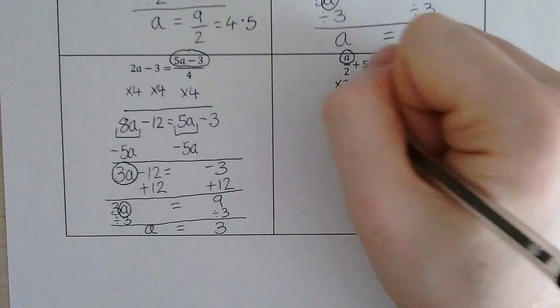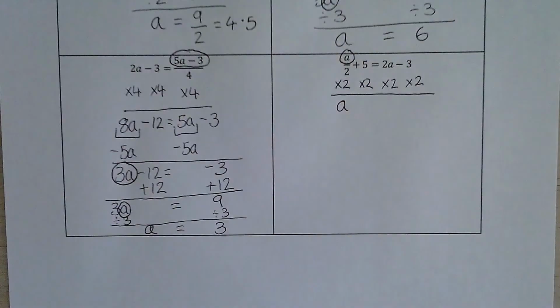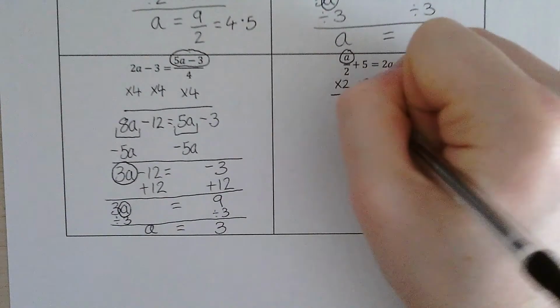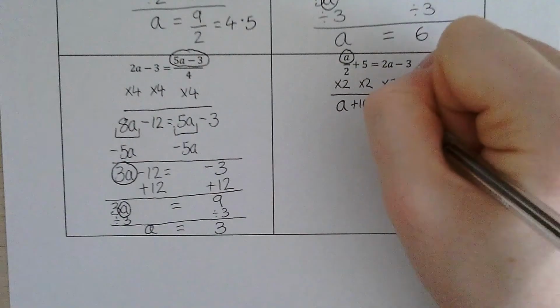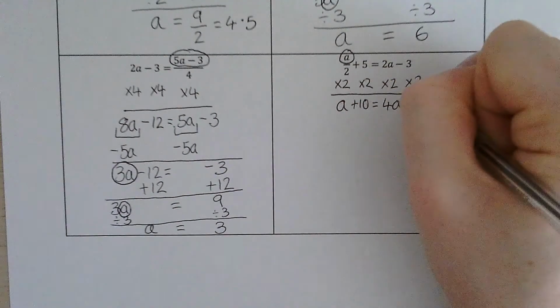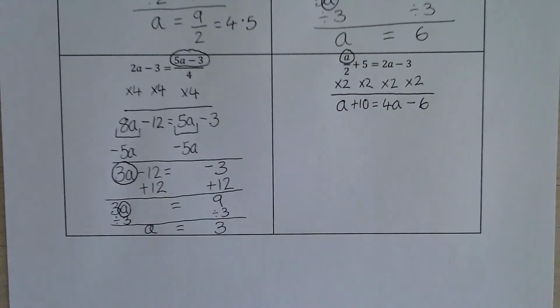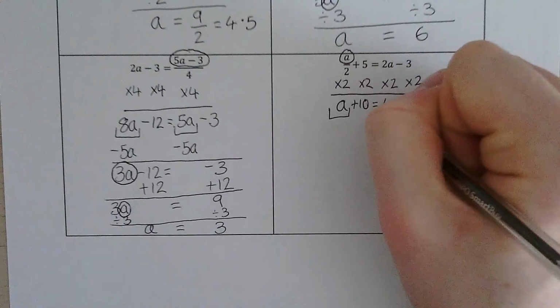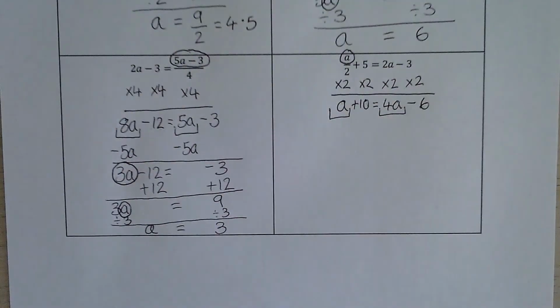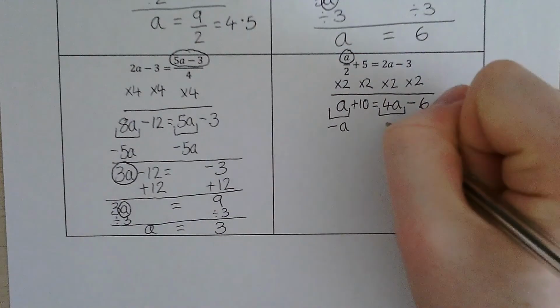This gives us a plus 10 equals 4a minus 6. We now look at the terms and decide which term that contains a is the smallest. That would be a, so I need to get rid of that a by subtracting a from both sides.